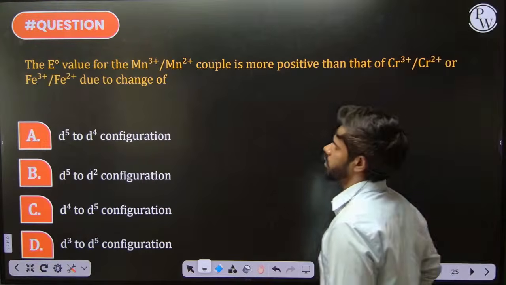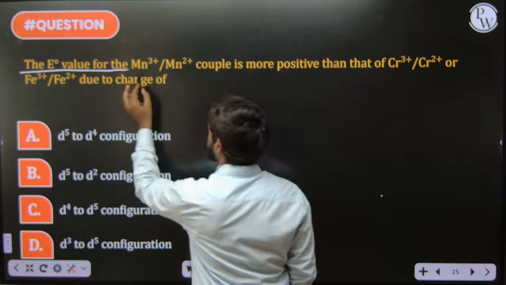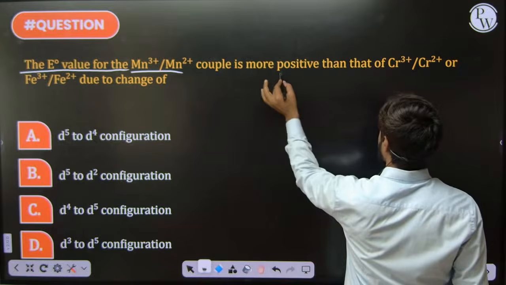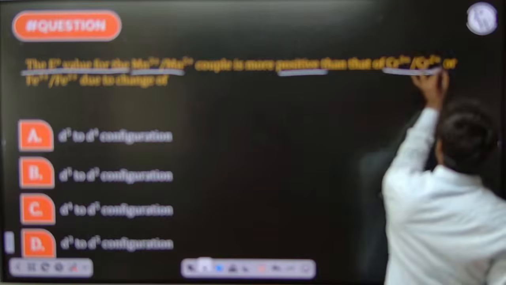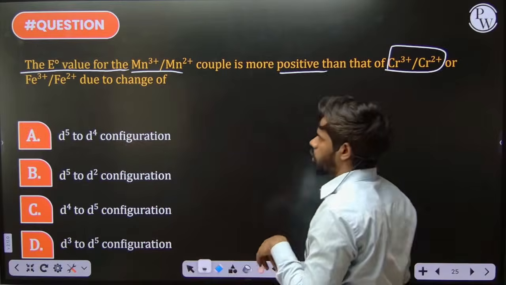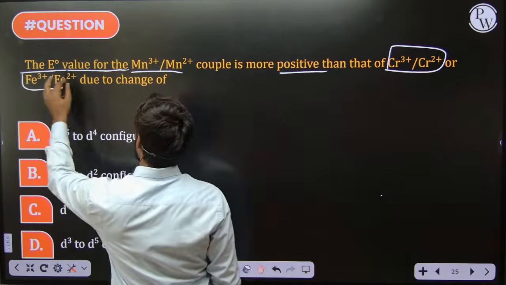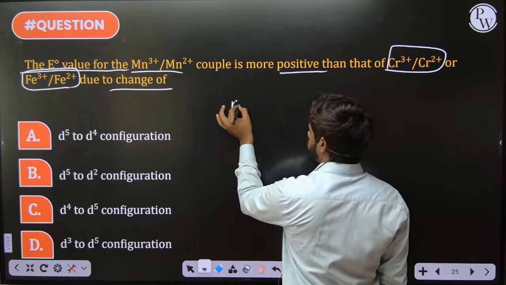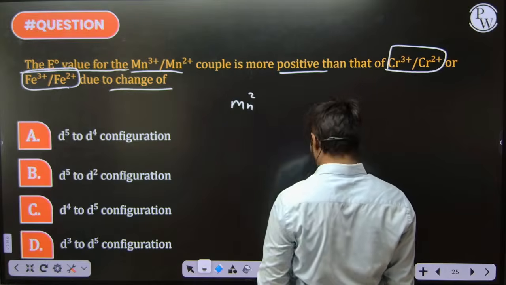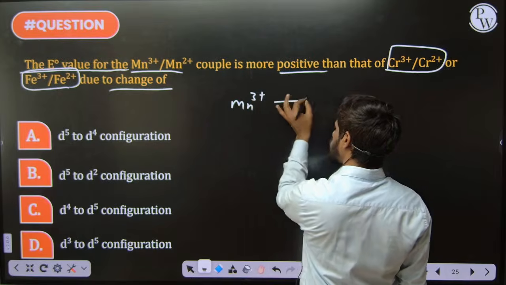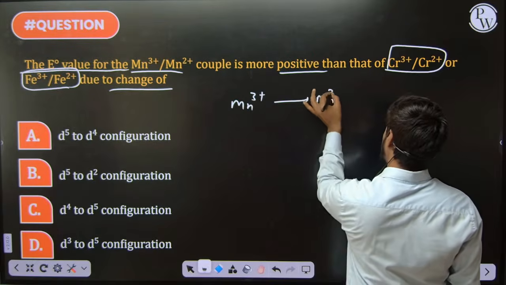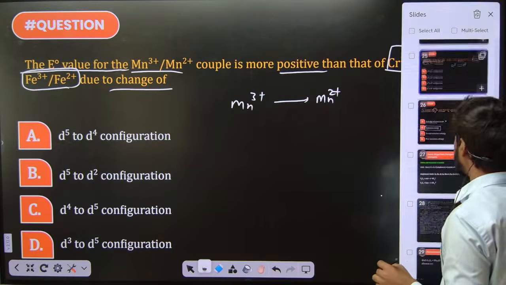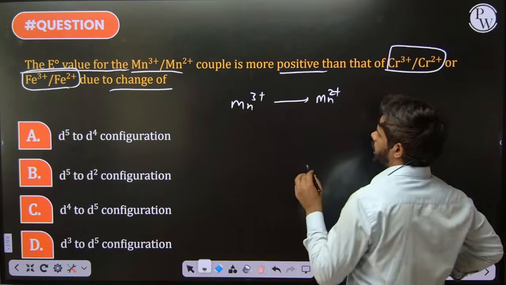Next, the E0 value for Mn3+ to Mn2+ is more positive than that of chromium 3+ to chromium 2+, or Fe3+ to Fe2+. This is due to the change of what? In case of Mn3+ to Mn2+, why is it more positive than chromium?